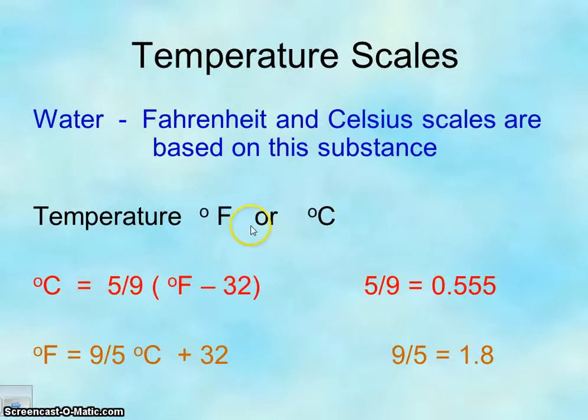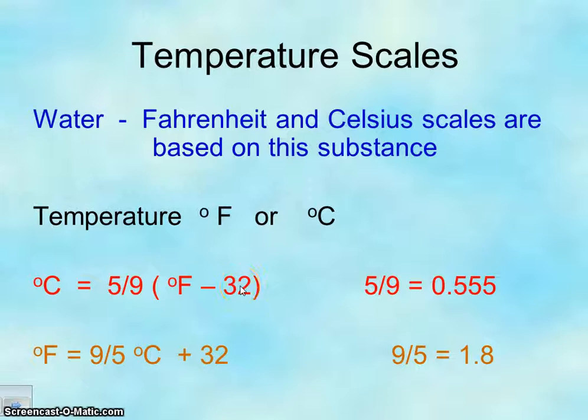Here's one of the conversions. If you want to convert Fahrenheit to Celsius, it's very important that you do what's called the order of operations. In other words, you do things in a certain order. Whatever your Fahrenheit temperature is, you are going to subtract the 32.